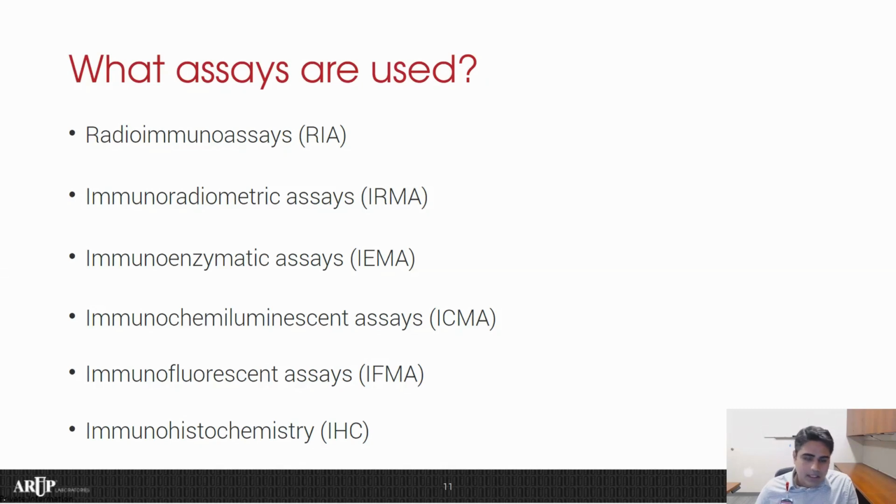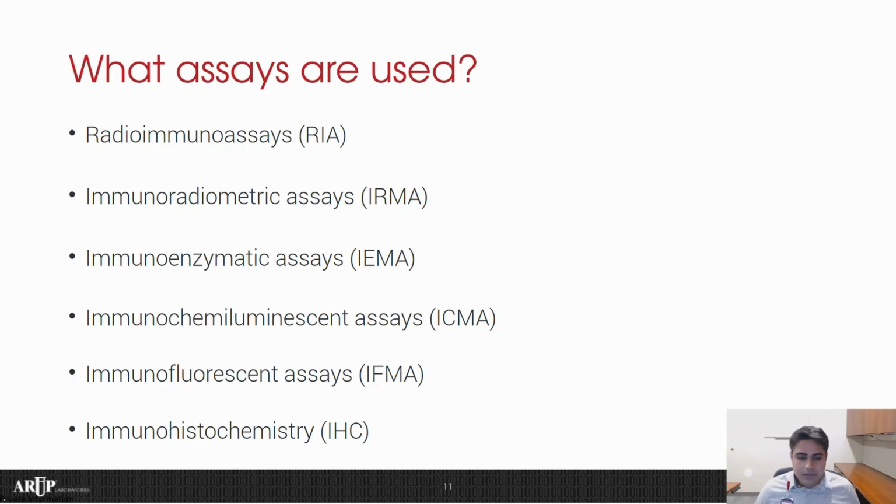Back in the day, radioimmunoassays and immunoradiometric assays that utilize radioactivity were being used, but due to concerns around safety of the workers, those got replaced by immunoenzymatic assays, and subsequently more sensitive and automatable assays such as immunochemiluminescent assays or immunofluorescent assays were developed. Most of the serum or plasma tumor markers are now tested on automated assays.